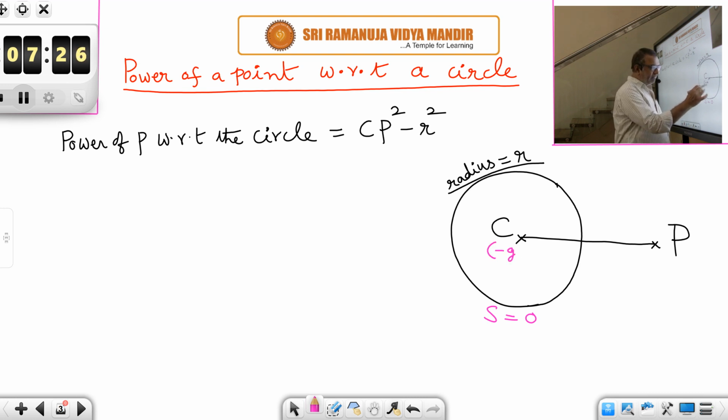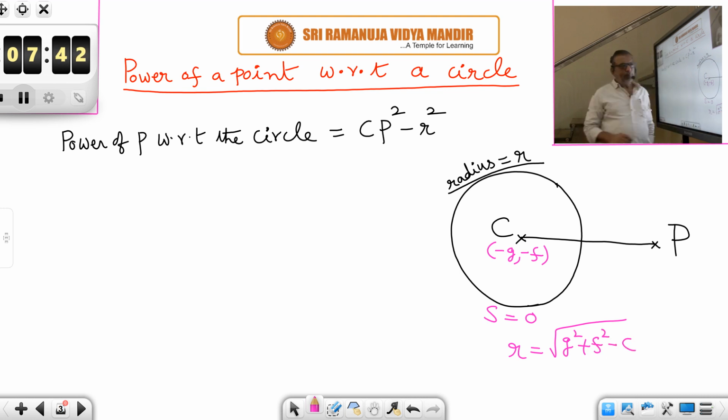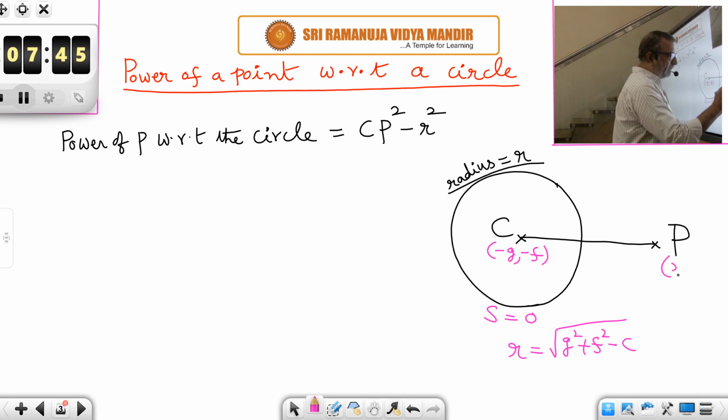Center is minus g, minus f. What is the radius of the circle? Root of g square plus f square minus c. Suppose S equal to 0 is the circle and the point P has coordinates x1, y1.